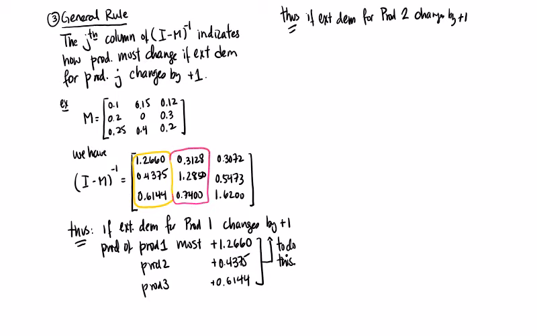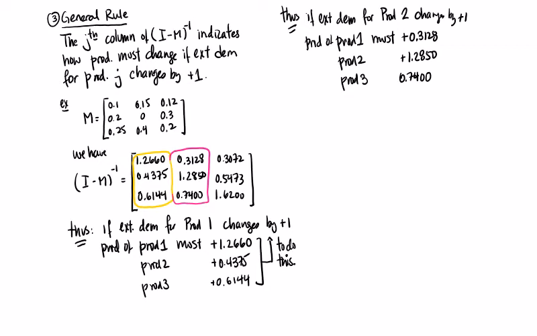We say the production of product 1 must change by 0.3128, of product 2 must increase by 1.2850, product 3 by 0.7400, and so on. Same for column 3 and product 3.